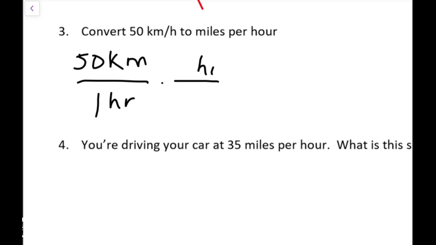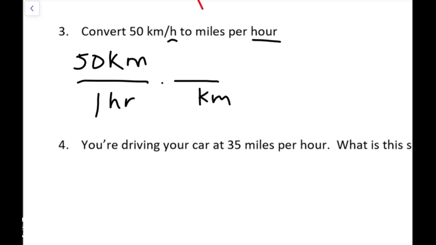We don't have to worry about hours because we're going to hours here, so the hours on the bottom is going to stay the same. We just got to go kilometers to miles. So we'll put kilometers on the bottom here. And if you know how many miles are in a kilometer, then you can do that conversion right away. But in this case, we don't have that conversion right away.